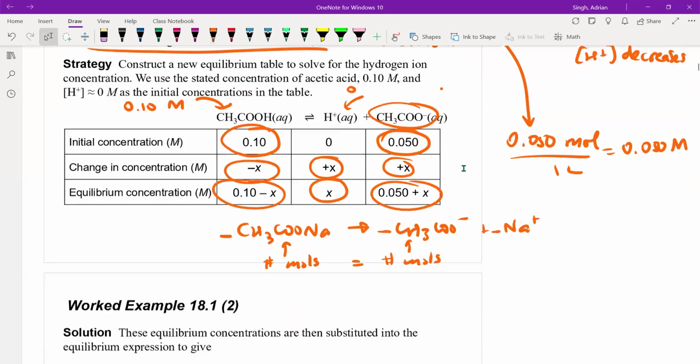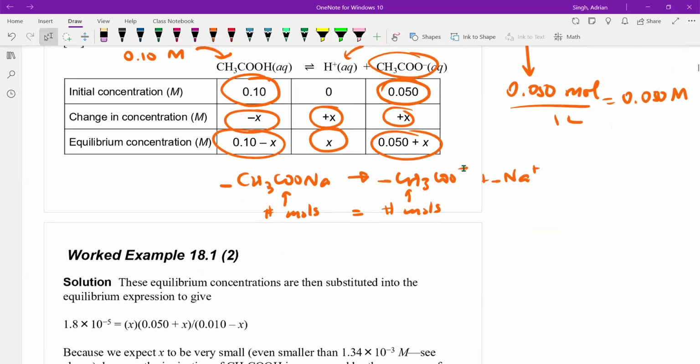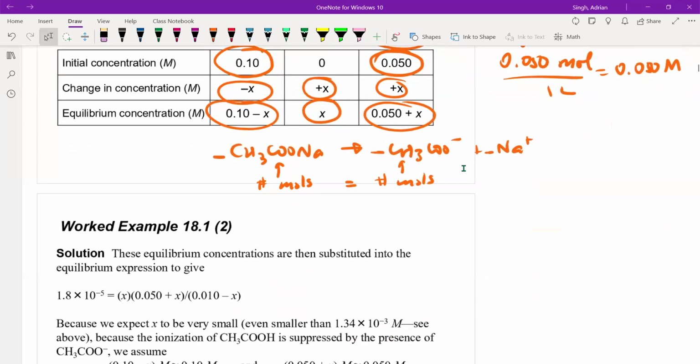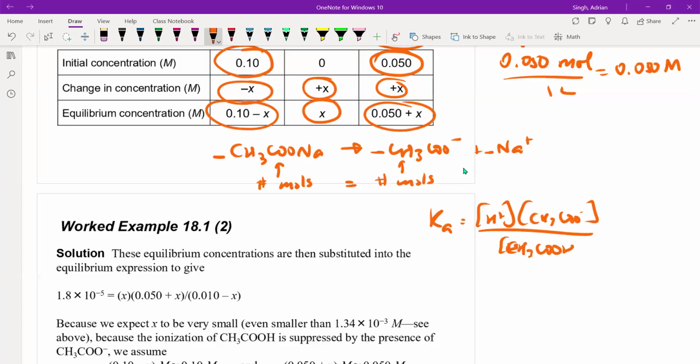So when we substitute our values into the equilibrium expression, now remember, our Ka is equal to the H plus times the CH3COO minus divided by the CH3COOH.